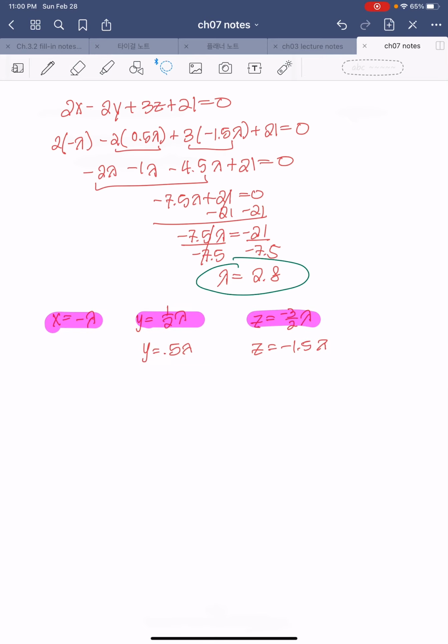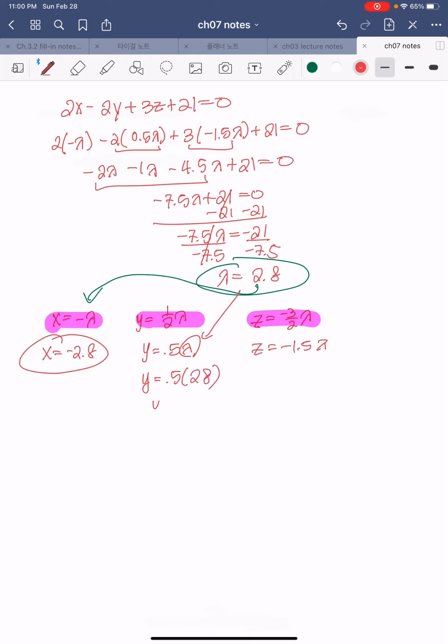So x will be negative 2.8, that's lambda, that's x. Y will be 0.5 times lambda, which is 2.8, so y ends up being 1.4. Z is negative 1.5 times 2.8, which is negative 4.2.